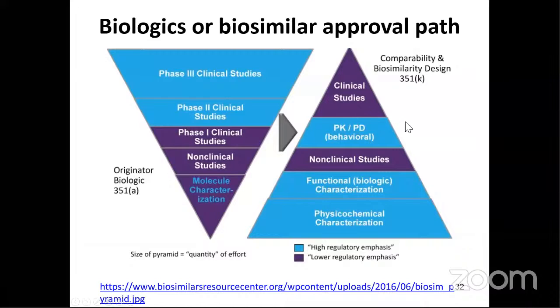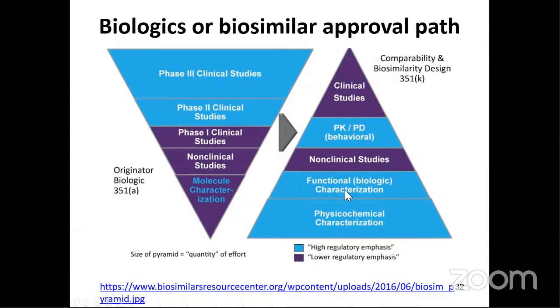But for biosimilars, this is sort of reversed, the pyramid is inverted. The basis of the approval for a biosimilar is the physicochemical characterization associated with biologic characterization. So the analytical characterization of the biosimilar product against the reference product is very, very important, and that forms the basis of the approval.